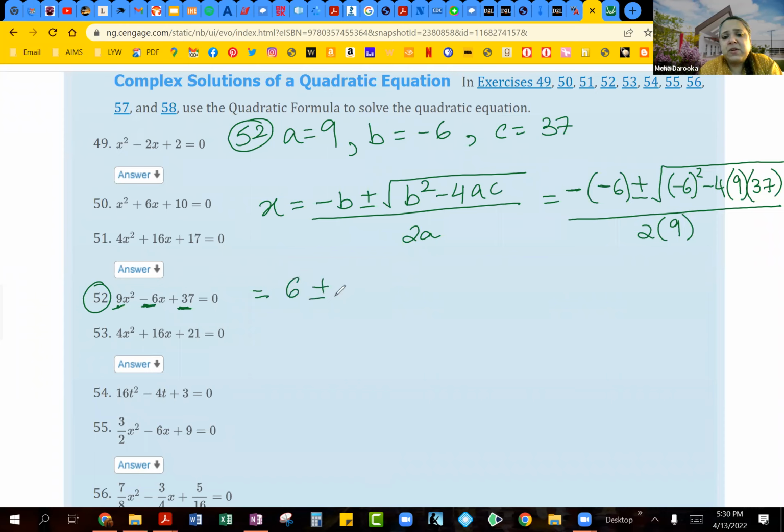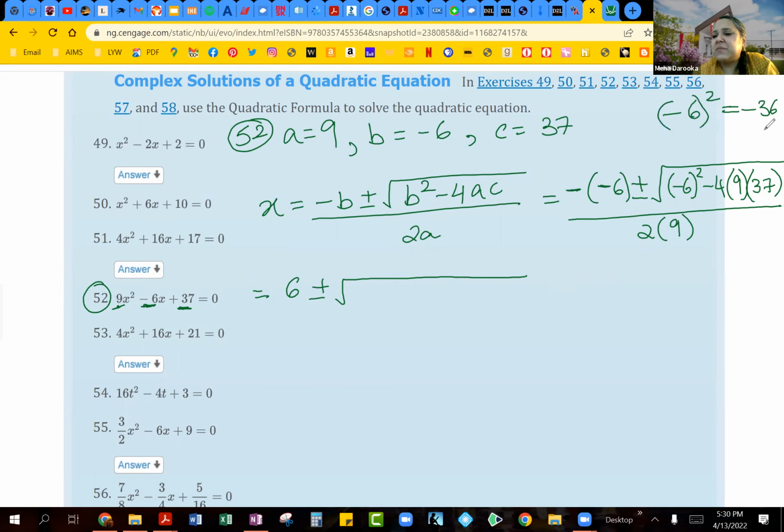Plus or minus inside our square root, you have negative 6 squared. And guys, look how I put -6 in parentheses and then the square on the outside. Because if you just do -6 square like this, and you plug this into your calculator, you will actually get -36 because the calculator is not recognizing that the negative goes with the 6.